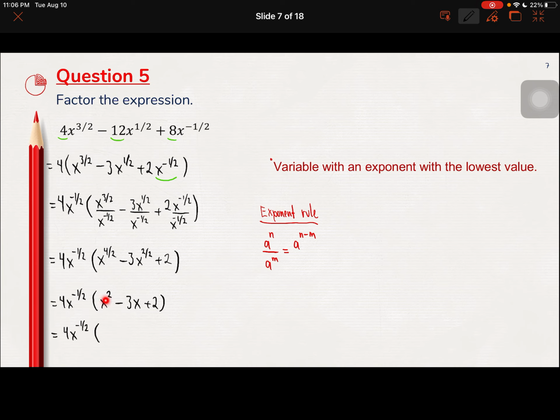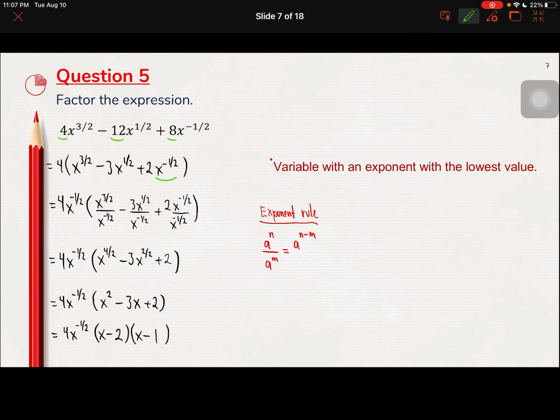Then for the factorization of this, the leading coefficient is 1, so you need to find two factors, x and x, then this sign goes here, and then multiply this sign and this sign to get the second one, and then two numbers that if you multiply them you get 2, and if you add them you get minus 3. So here is minus 2 and minus 1. We verify that if you multiply minus 1 and minus 2 you get 2, and the addition of minus 2 and minus 1 is minus 3.